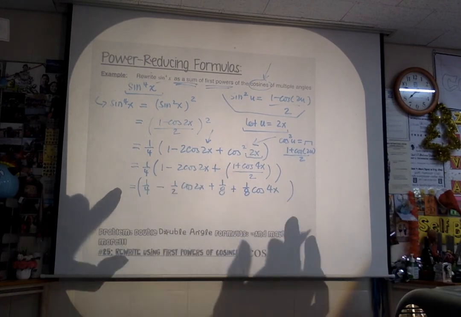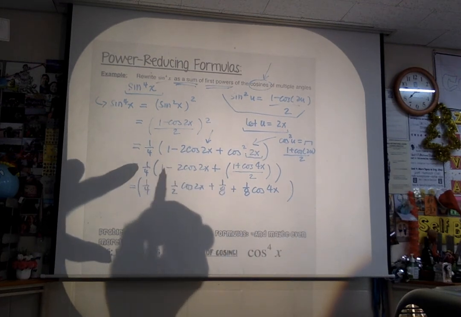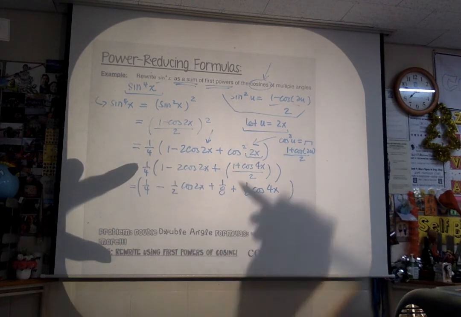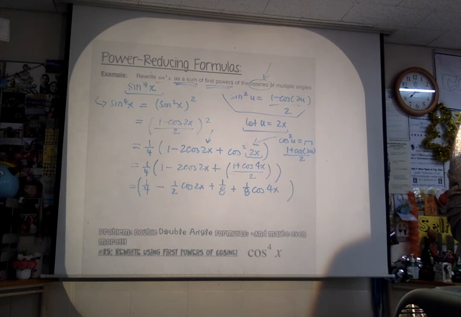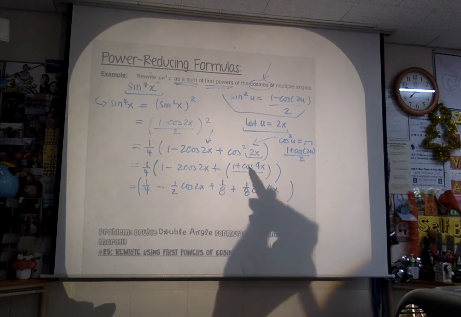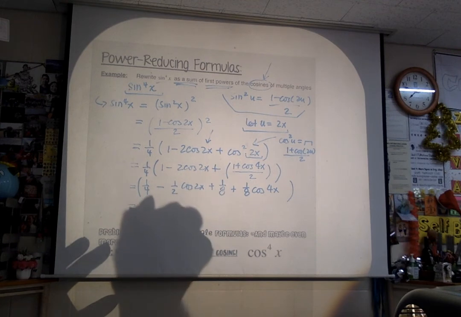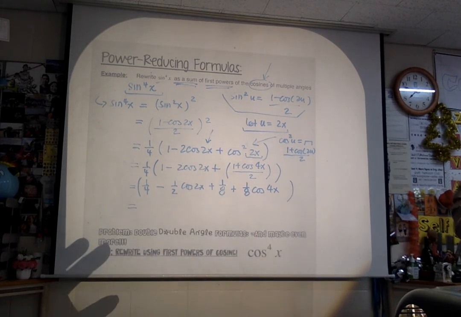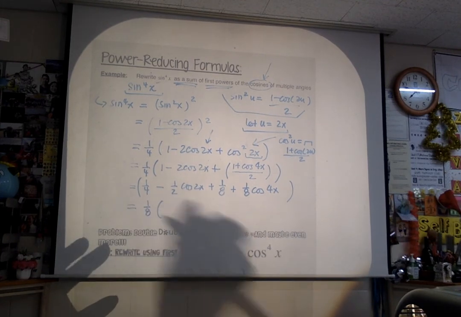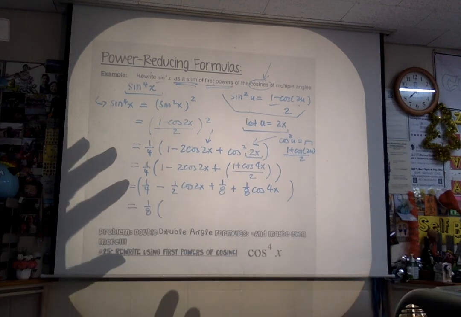This whole thing, because I just distributed this 1/4 to everything here. But you remember, this is actually 2 terms, the 1/2 and then the 1/2 cosine 4x, and that's how this becomes that. Now, I just simplify this, and I pull out a 1/8, because all these terms have 1/8.